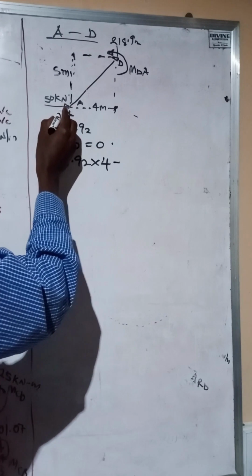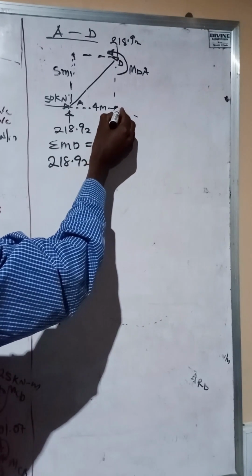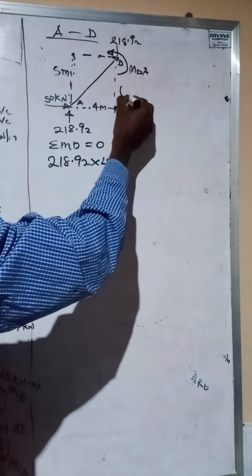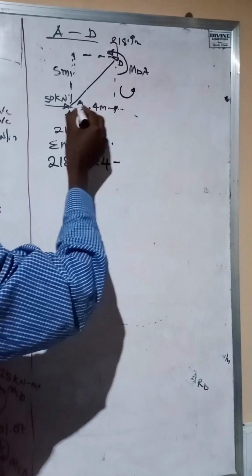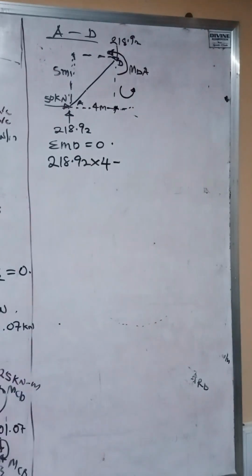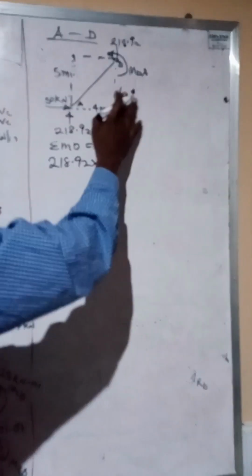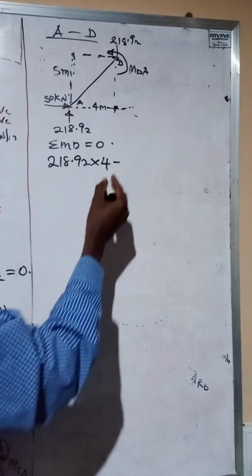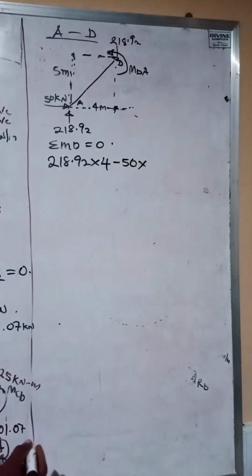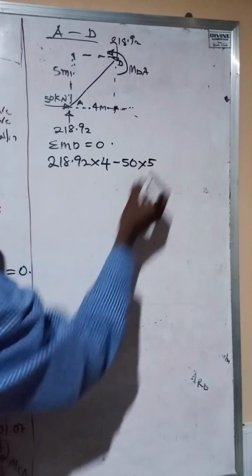So this force acting is going to be acting somewhere around here, and it's going to be causing an anti-clockwise moment about D. An anti-clockwise moment we assign as negative, so it becomes 50 times 5.